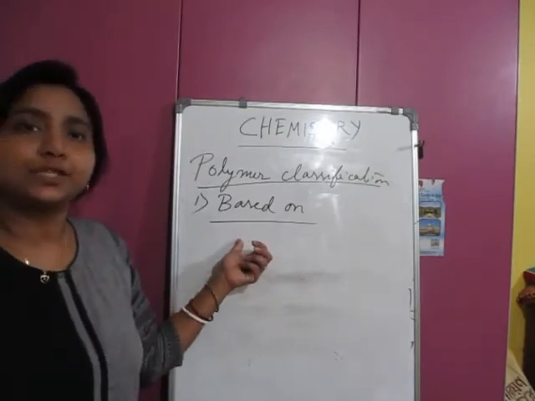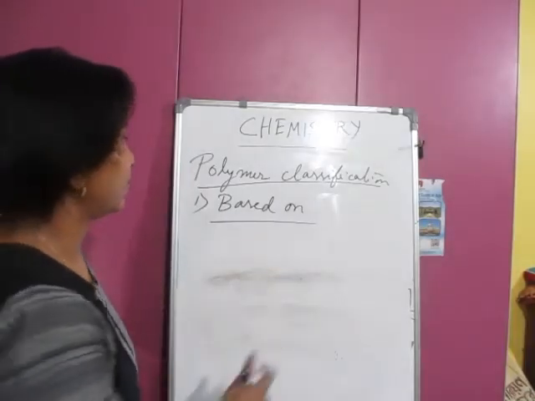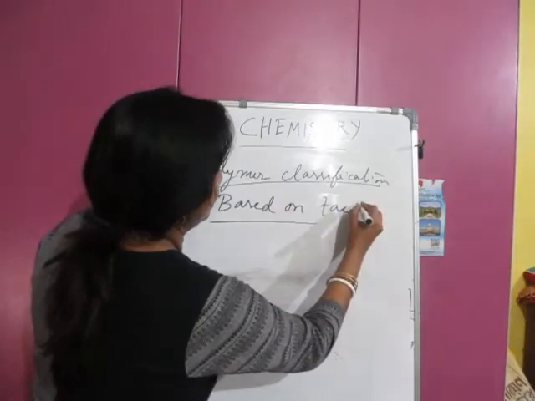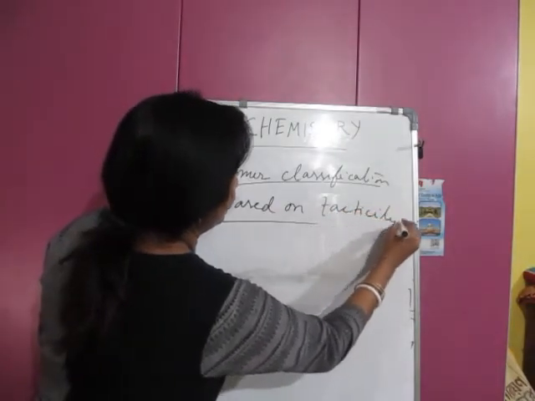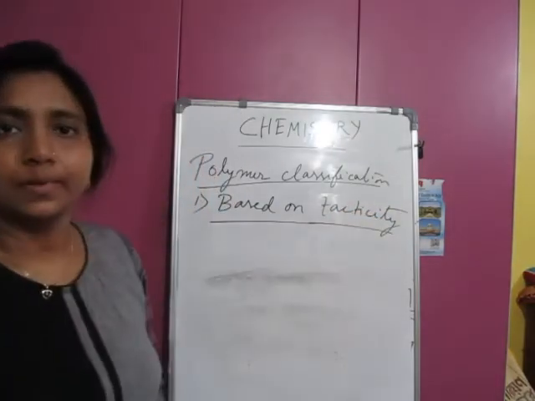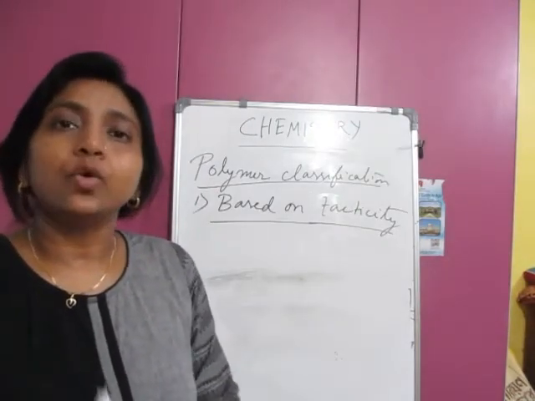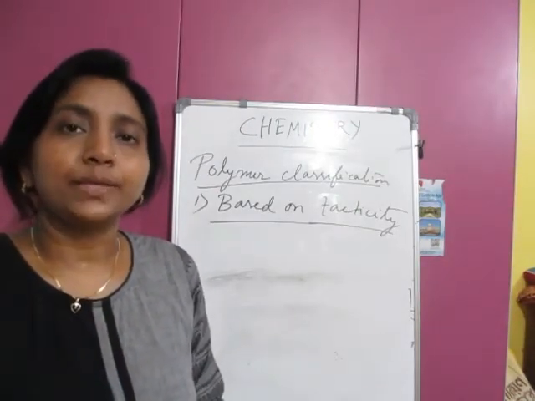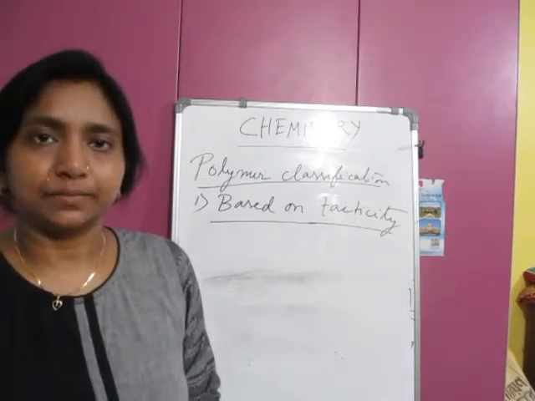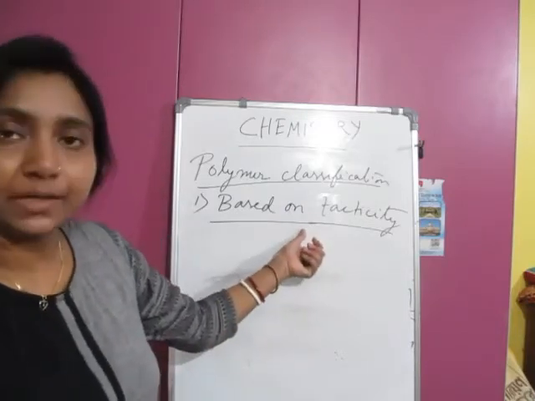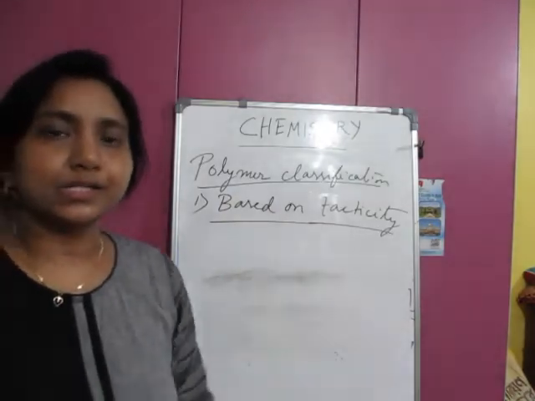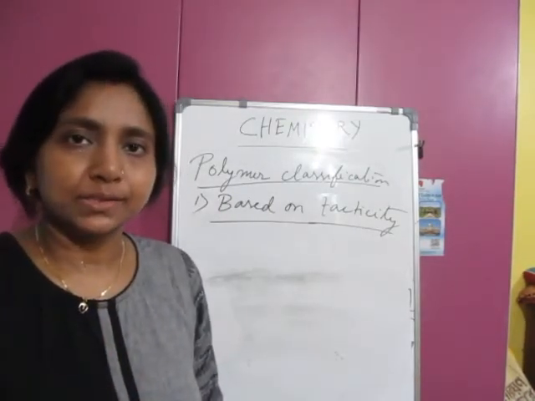Next, based on tacticity. Tacticity is the spatial orientation of the branch structure. So based on tacticity, polymer is of three types.